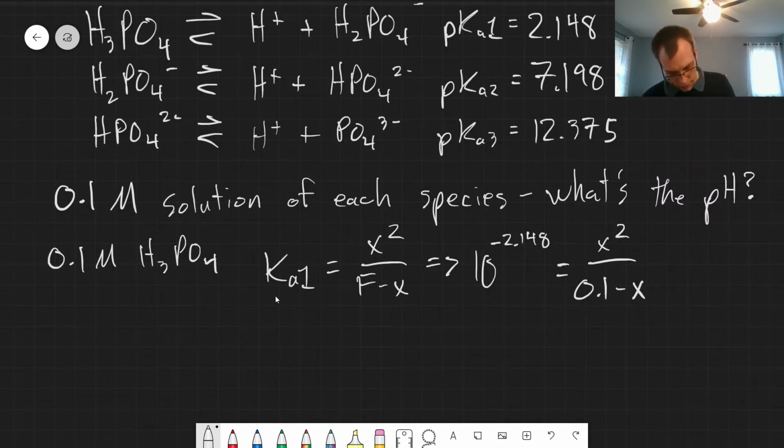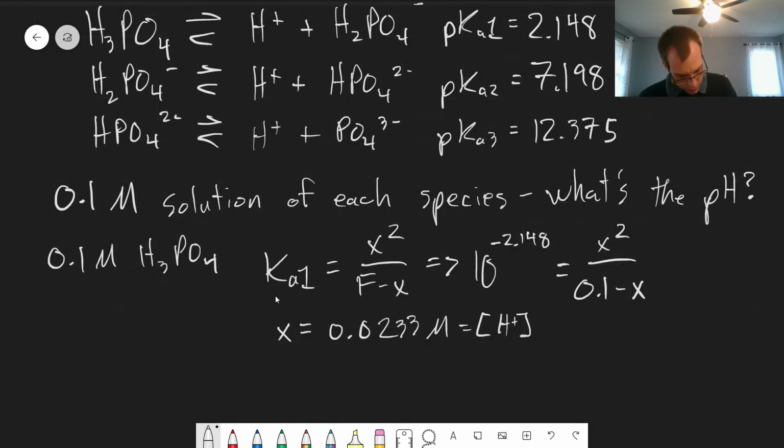We can go ahead and solve this. I'm skipping all the algebra involved here, but we get x equals 0.0233 molar, and remember x is equal to the concentration of H+. So that gives us a pH of 1.63, which is what we'd expect. We get an acidic pH for the acidic form.